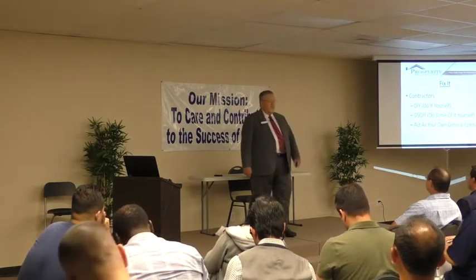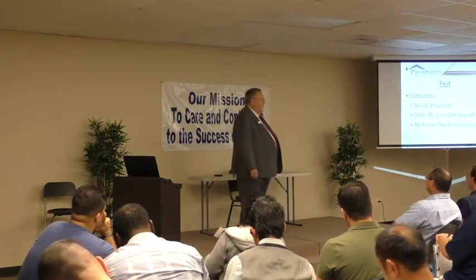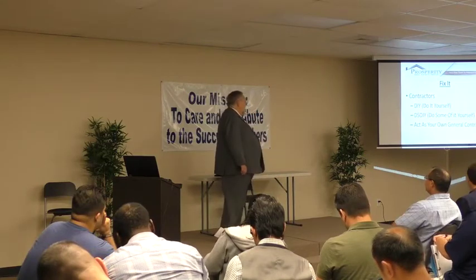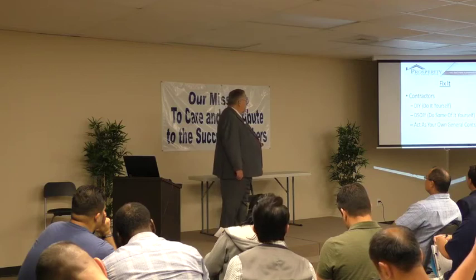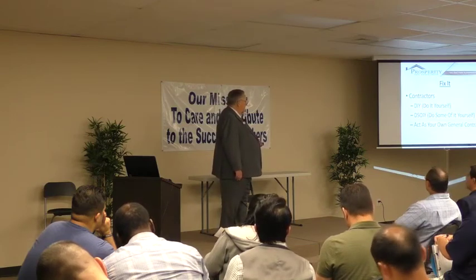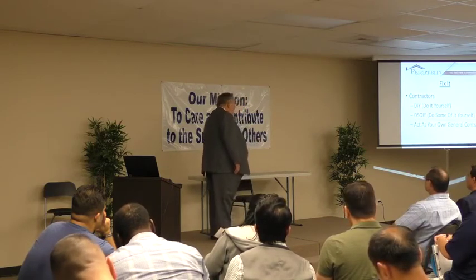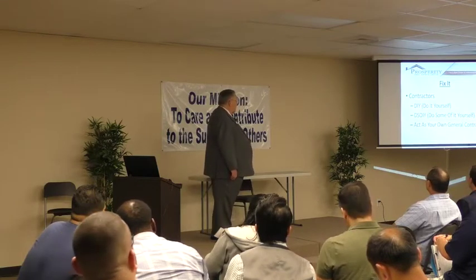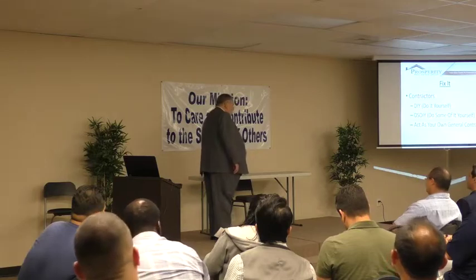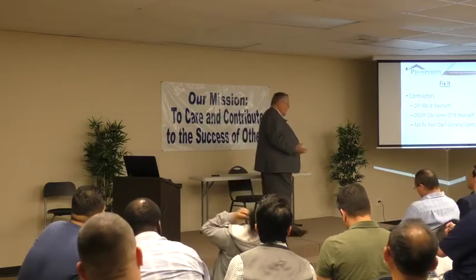Or you can act as your own general contractor. Now, when I got in the business, I had no skills in these first two areas. None. Zip, zilch. So I started here. I started acting as my own general contractor. That means I had to arrange the foundation guy.